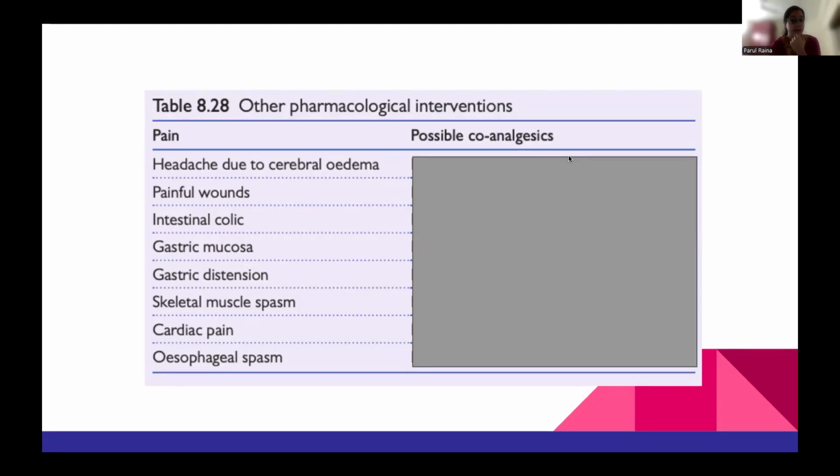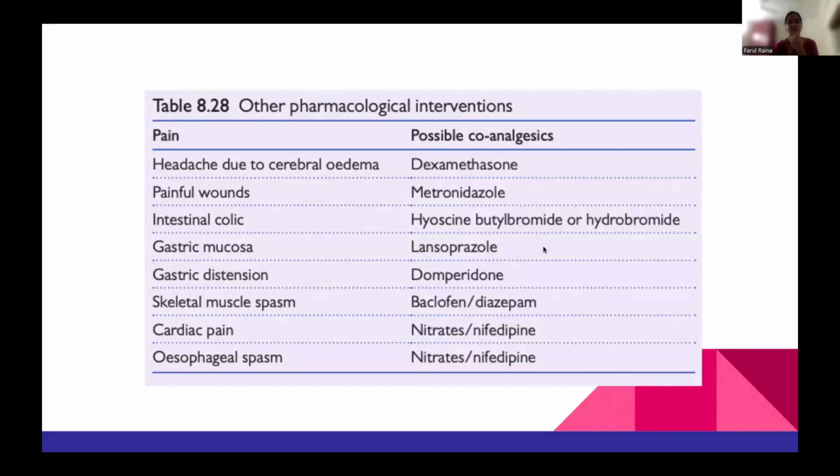What about the cardiac pain and esophageal spasm? So all of your answers were absolutely right. Good.